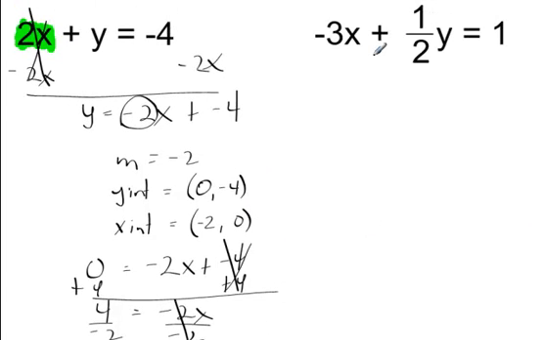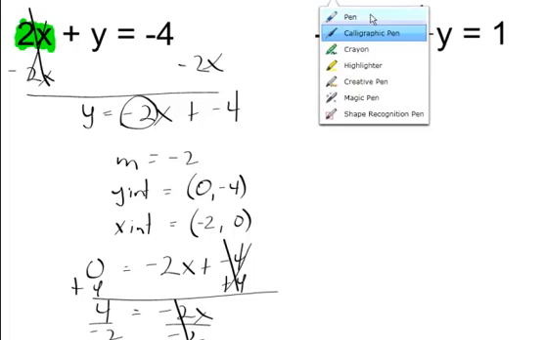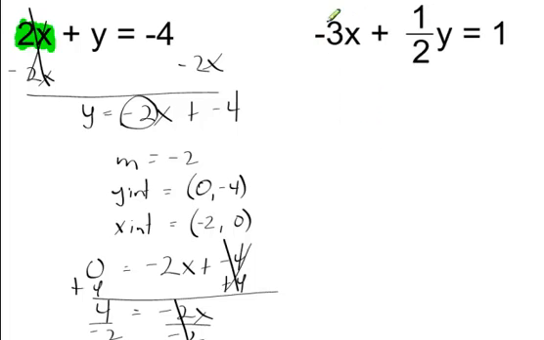All right, let's go ahead and solve this one. In this problem, I don't have the y by itself, so I know I'm going to have to move this, and I'm going to have to move the coefficient in front of the y. So there's going to be 2 steps. Well, we don't like fractions in an equation. So in order to get rid of the fraction, I want to get rid of the denominator. So I'm going to multiply everything by 2 because that's what the denominator is.